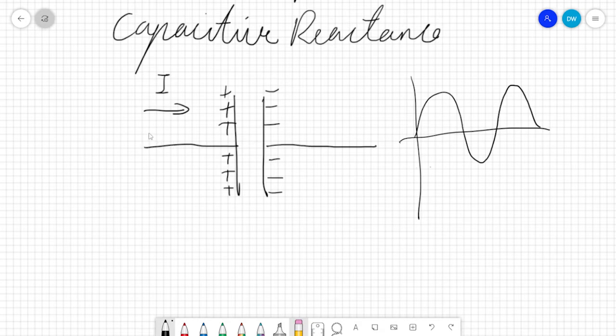As the current flows, charges build up, opposite charge builds up on that side, and the current seemingly slows down. But before the plates become saturated and current stops, the polarity changes. So it will switch around, and the current will start flowing in the other direction.